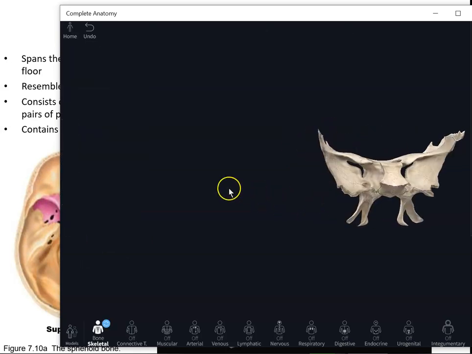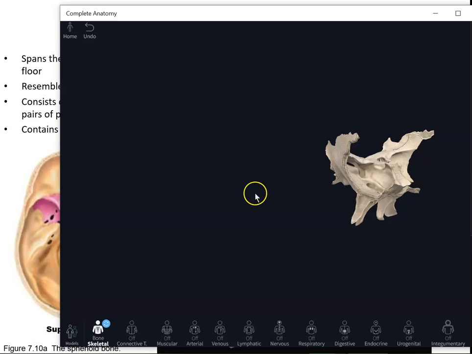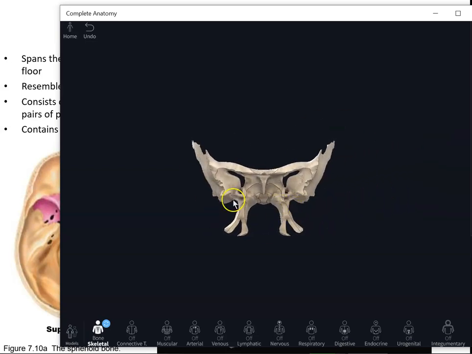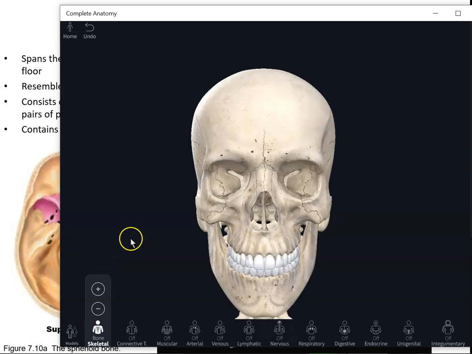Okay, so this is the sphenoid bone. What is difficult to see here is that this is your orbital cavity. So if I bring back all the other bones, this is the sphenoid bone, and it has this slit in it.